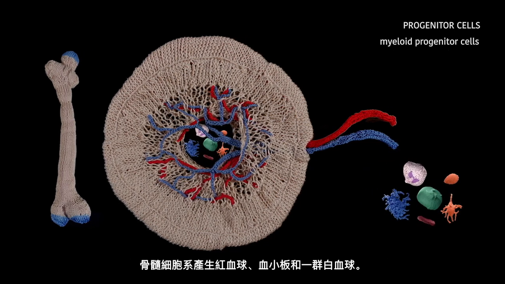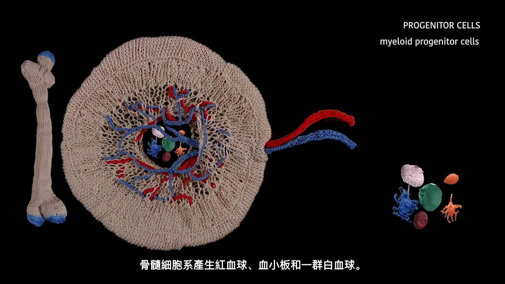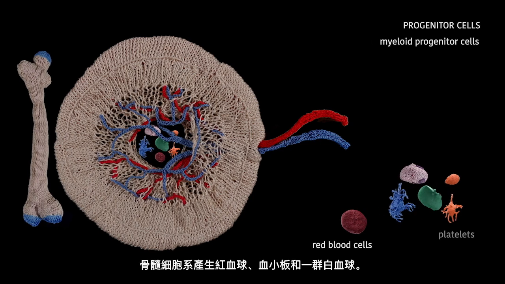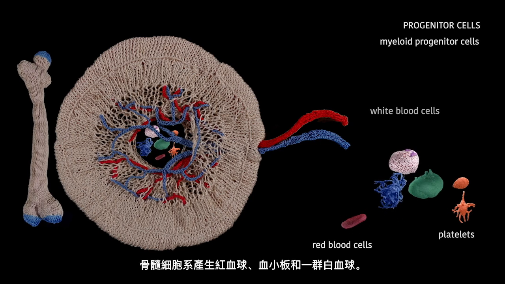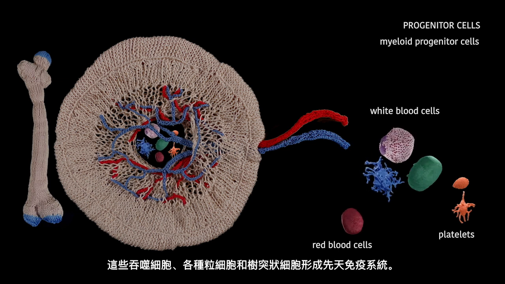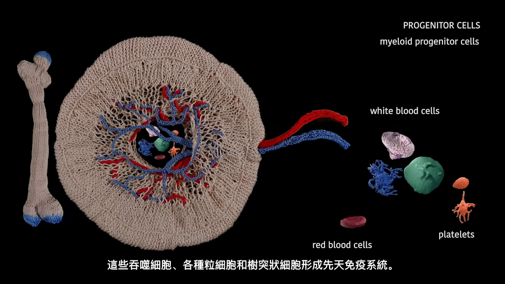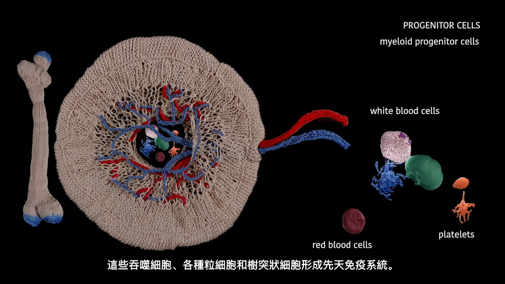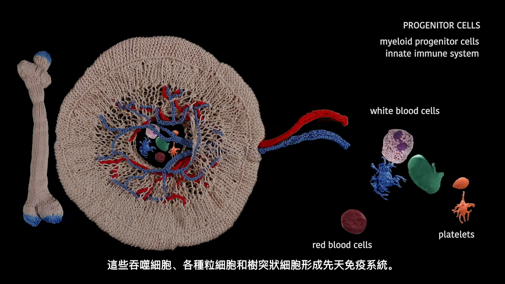The myeloid cell gives rise to red blood cells, platelets, and a group of white blood cells. These phagocytes, various granulocytes, and dendritic cells form the innate immune system.